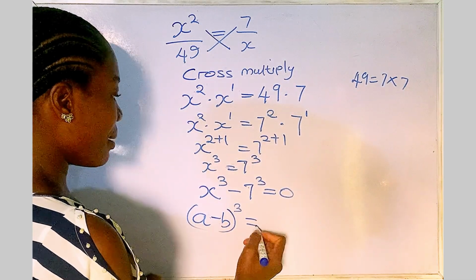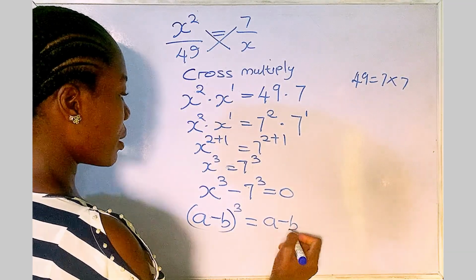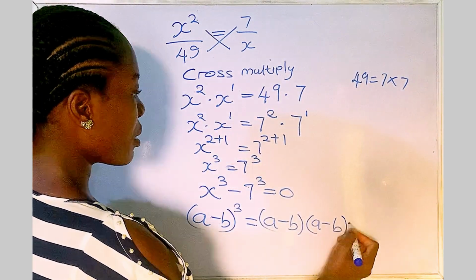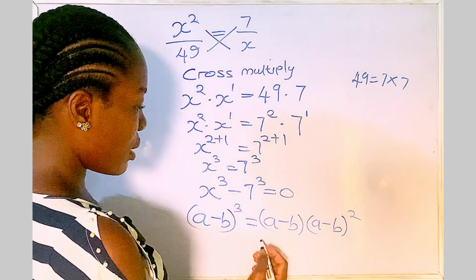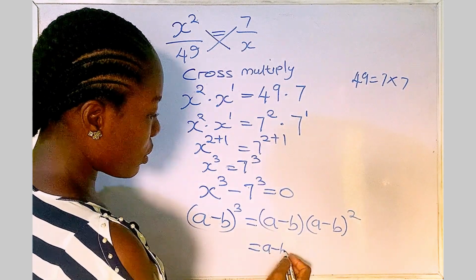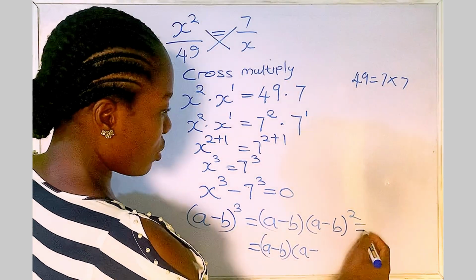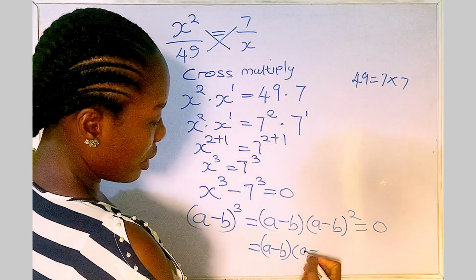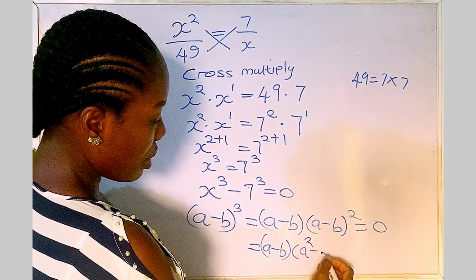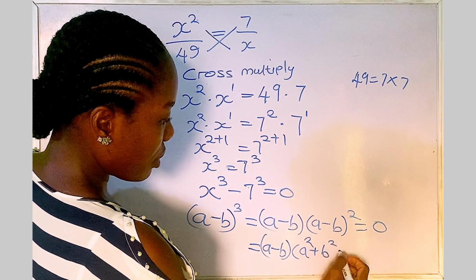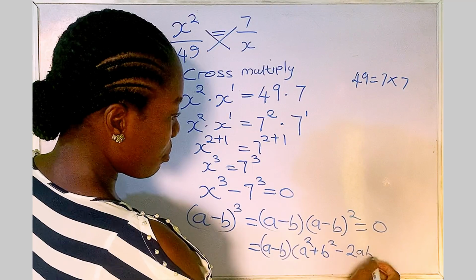Now, when you have a to the power of 3 minus b to the power of 3, the same thing as a minus b times a squared plus b squared plus 2ab. Don't forget, a minus b, a squared plus b squared minus 2ab.